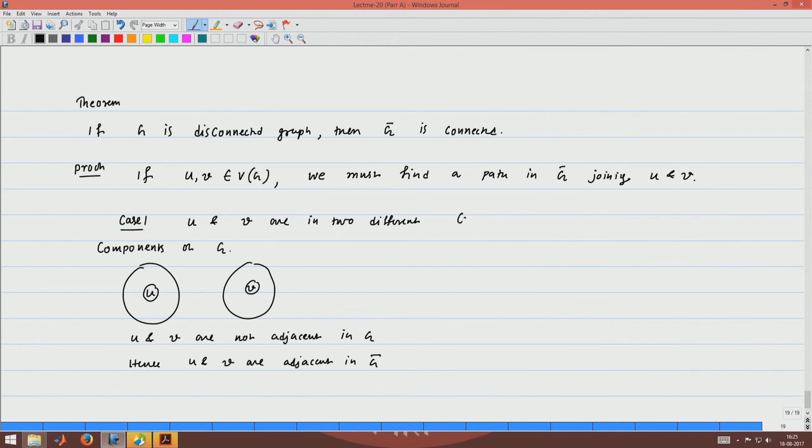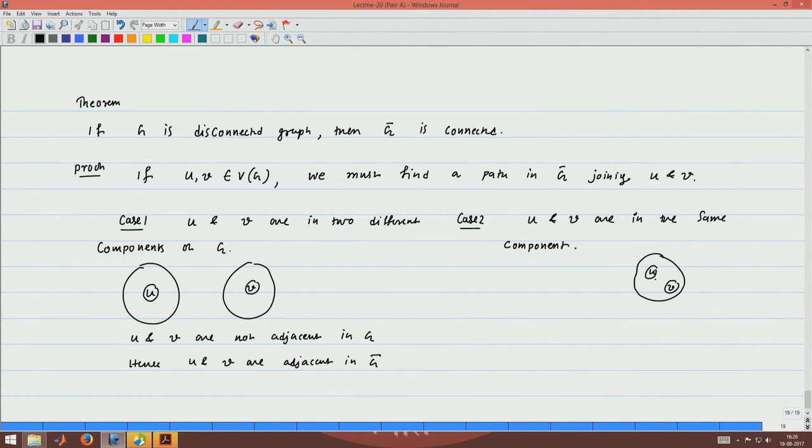Case 2 is that U and V are in the same component. Okay. So, in G they are in the same component. So, U is here and V is here.